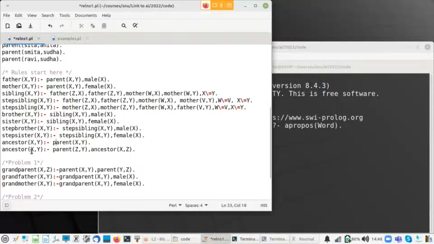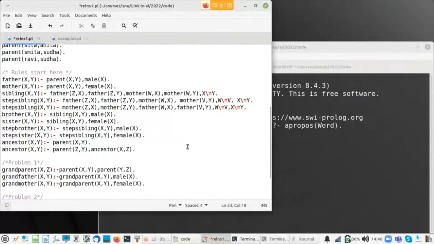So you're saying that X is an ancestor of Y if Z is a parent of Y, and X is an ancestor of Z. So that's what we are saying here. You should have Y's parent Z, X should be ancestor of Z, then X is an ancestor of Y.